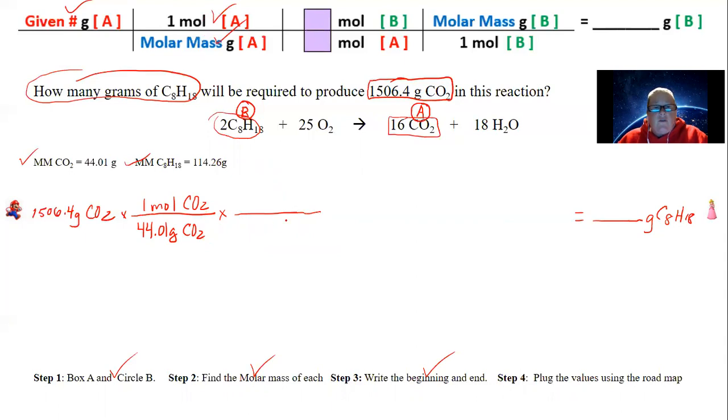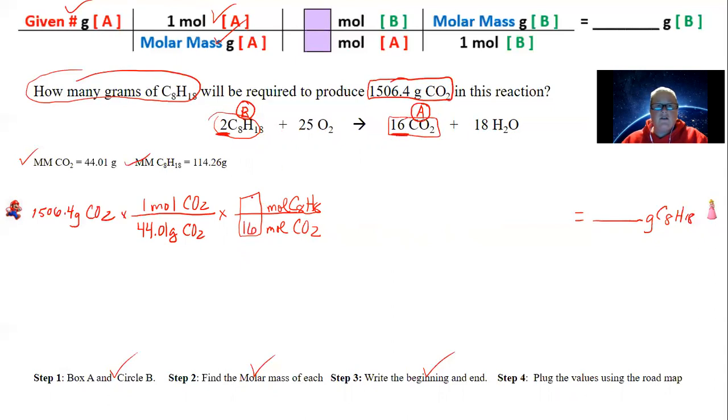The next is my mole to mole ratio. Again, I like to put the box in. Moles of A on the bottom, CO2, related to moles of B on the top, C8H18. And looking at the numbers in front of my B, I have a 2, and in front of my A, I have a 16.